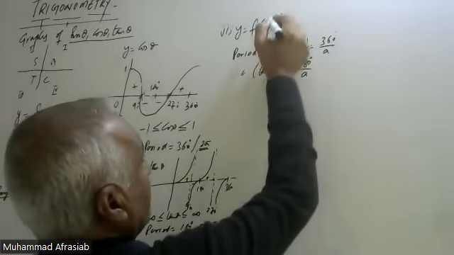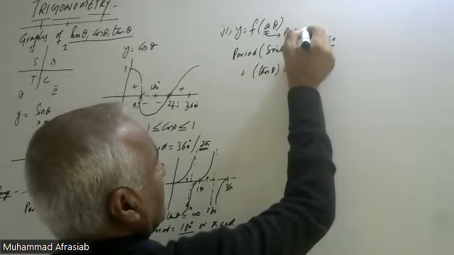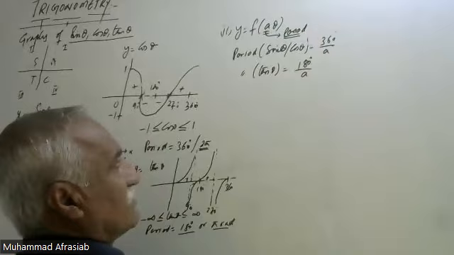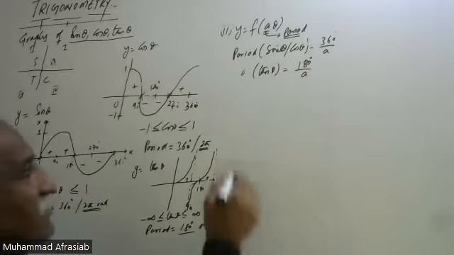And a is going to indicate the period of the function, and after how many times it is going to repeat the shape of the original graph.